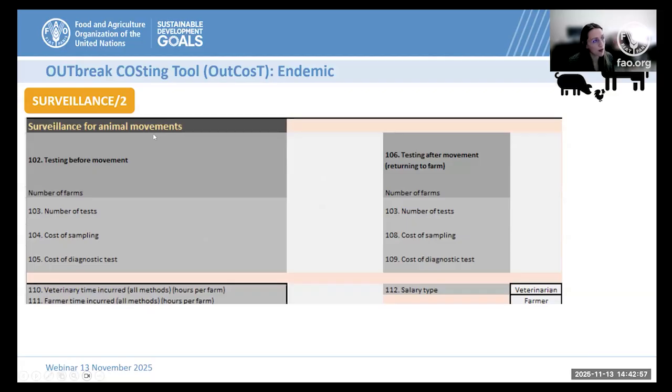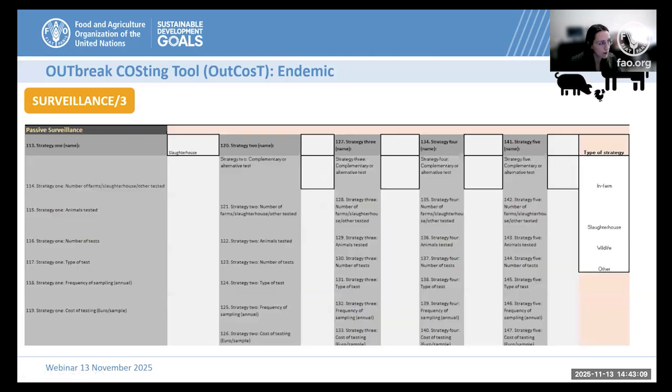So before moving the animals to markets or to fairs, and then after the animals return to the farm. And here for passive surveillance, again, you have this new setting where you can decide the strategy you are going to use.